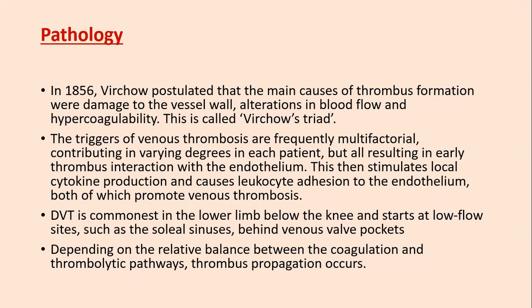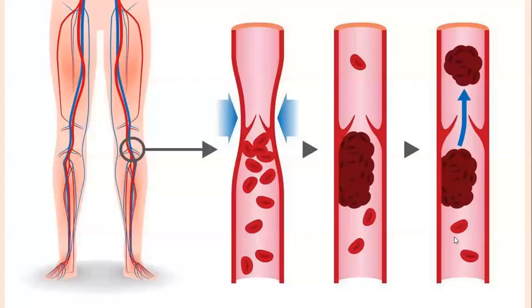DVT is commonest in the lower limb, below the knee, and starts at low flow sites, such as the soleal sinus, behind the venous valve pockets. Depending upon the relative balance between coagulation and thrombolytic pathway, thrombus propagation may occur. So whenever the balance shifts towards thrombus formation rather than thrombolytic actions, the chances of DVT increase.